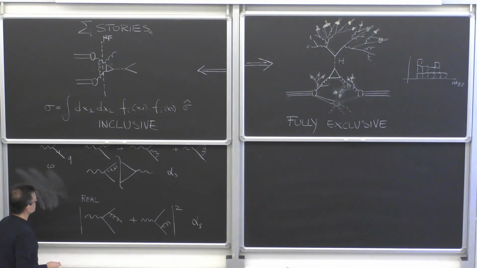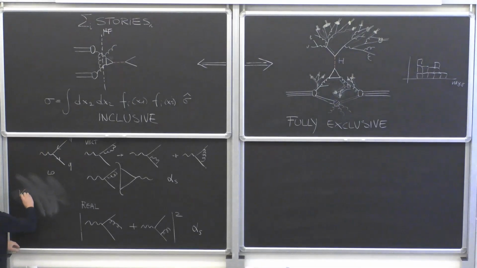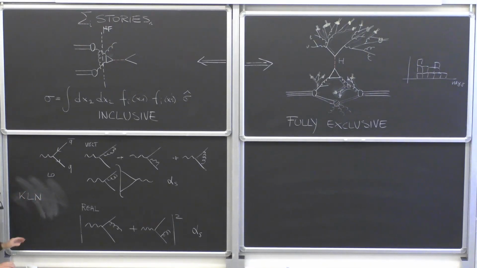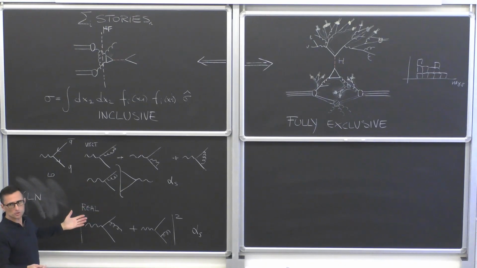There is an important theorem in quantum field theory that goes under the name of the KLN theorem, which tells me that if I'm inclusive enough in my final state, then the sum, for example in a cross-section computation, is finite. The template observable is the cross-section, which is fully inclusive, okay?